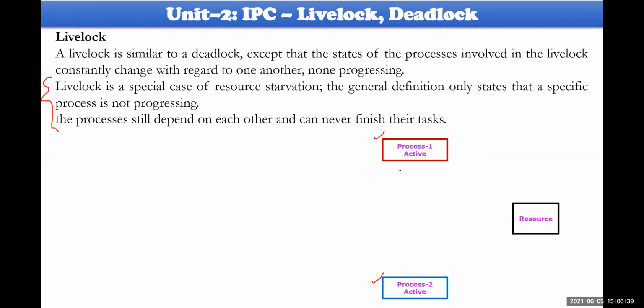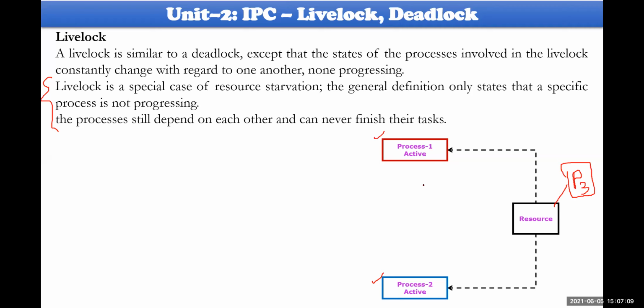Whatever the resource type might be, process 1 is trying to acquire that particular resource, and process 2 is also trying to acquire the resource. But this resource is being held by some other process, that is process 3.